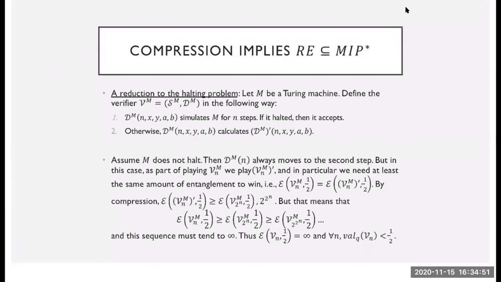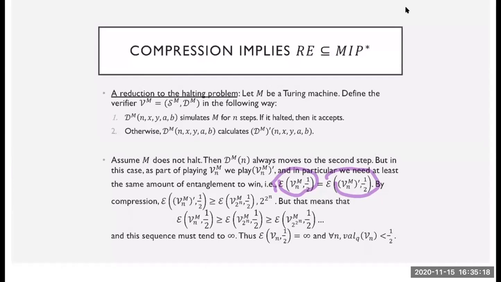Okay, but what do we know? We know that the nth game is now just doing the compressed game, so we need the same amount of entanglement to win the nth game as the compressed nth game. So this E of Vn is the same as E of the compressed Vn.